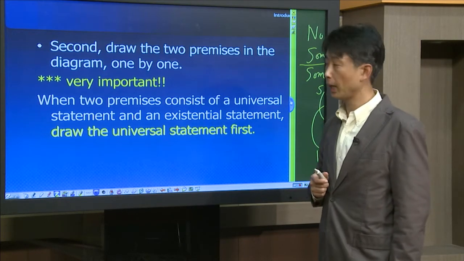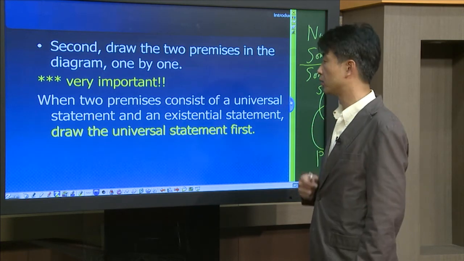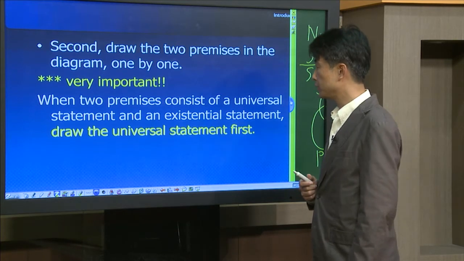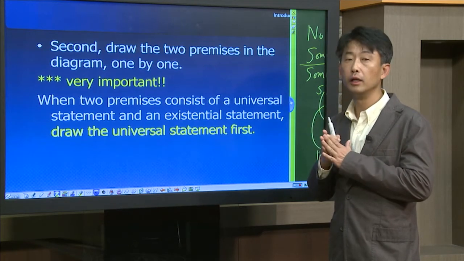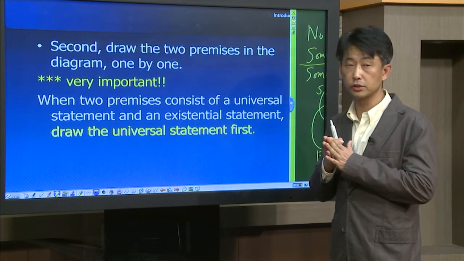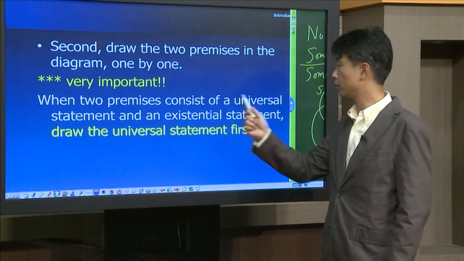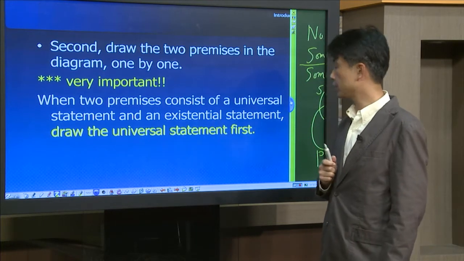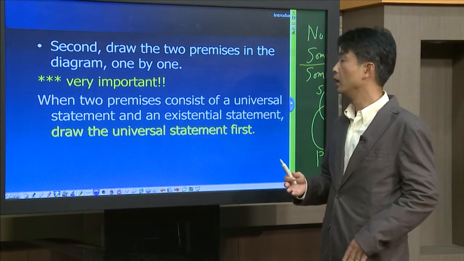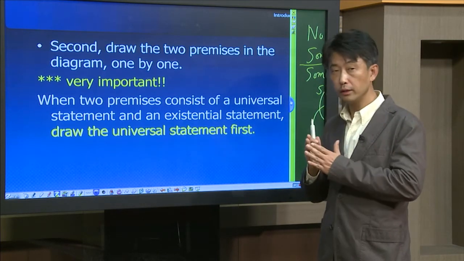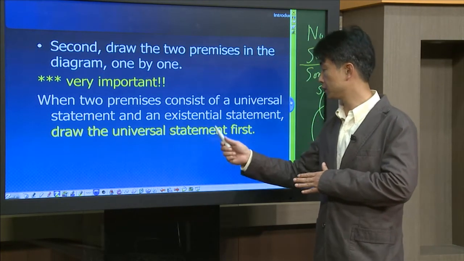And when you do that, a very important restriction, a proviso, is this: when the two premises consist of a universal statement, meaning a categorical proposition starting with the quantifier all or no, and an existential statement, a statement starting with the quantifier some, so when the two premises consist of one universal and one existential, draw the universal statement first.